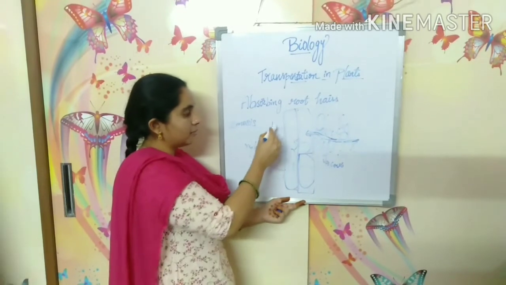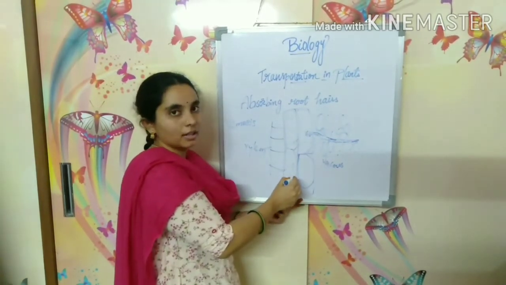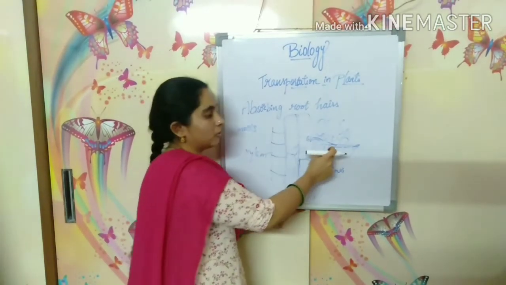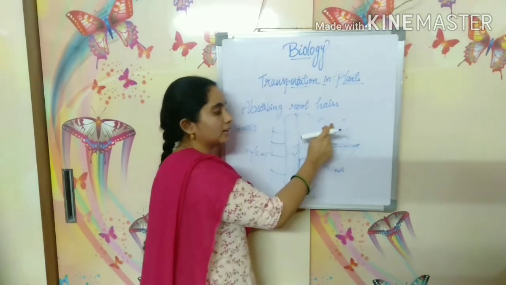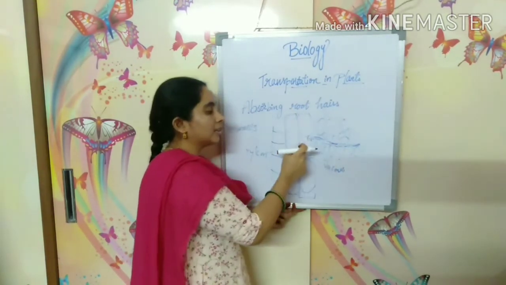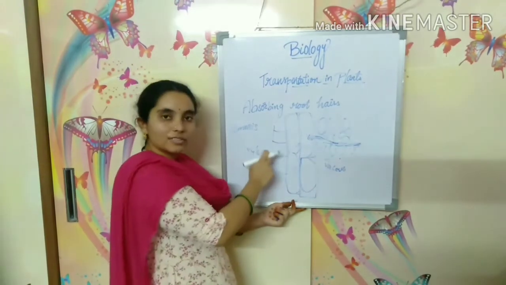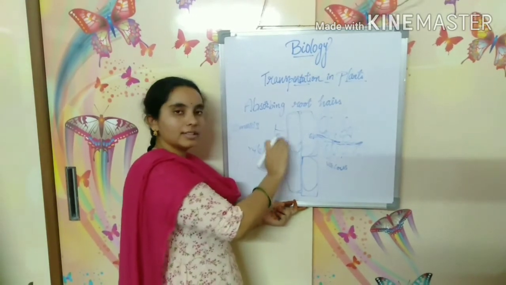This xylem will have low water when compared to the cells of cortex. In the same way, as it moved from soil particles to the root hairs to the cells of cortex, the cells of xylem also receive the water in the same way.